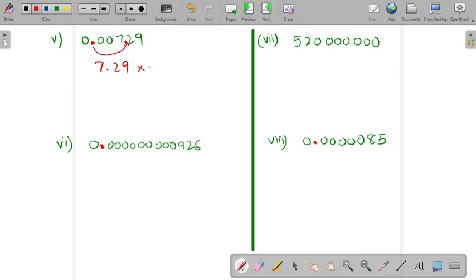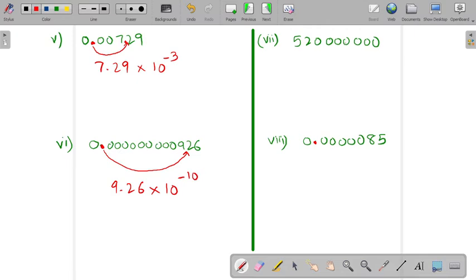Since you are shifting it to the right side, it would be minus 3. In the sixth part, again you are shifting it to the right side. So 9.26 multiply 10 raised to power 1, 2, 3, 4, 5, 6, 7, 8, 9 and 10. So it would be 10 power minus 10.